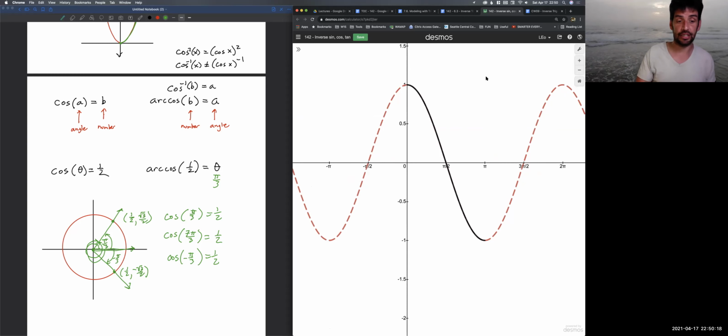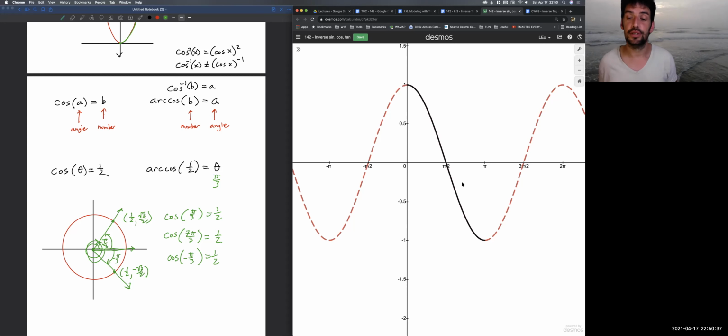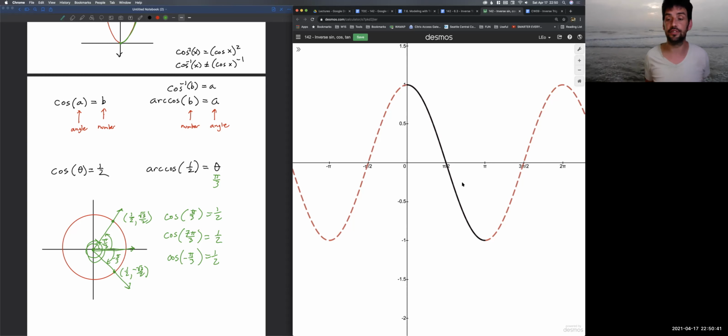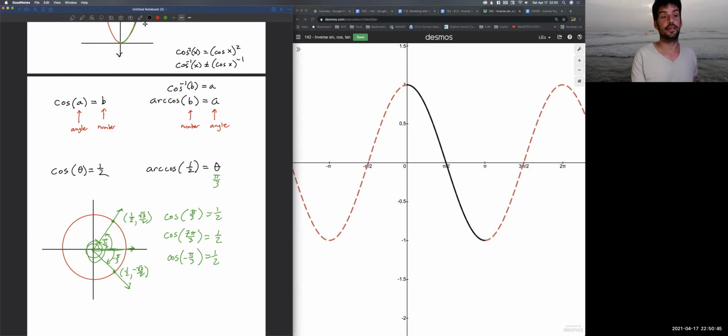inverse cosine won't just give us an angle. So let's go back to our example. When we asked for the arc cosine of 1/2, we weren't saying what angle has a cosine of 1/2. We were saying what angle has a cosine of 1/2 and is between 0 and pi. That's the choice for the inverse cosine. The angle it gives us will be the one between 0 and pi.